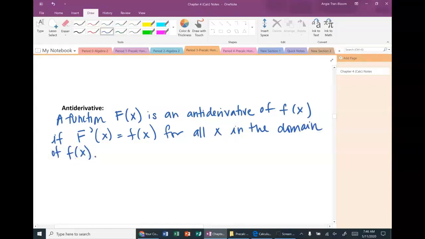The process of finding an antiderivative is called antidifferentiation.